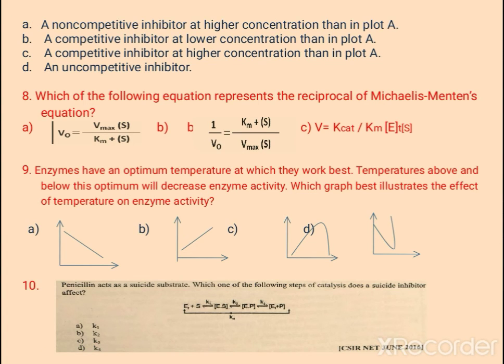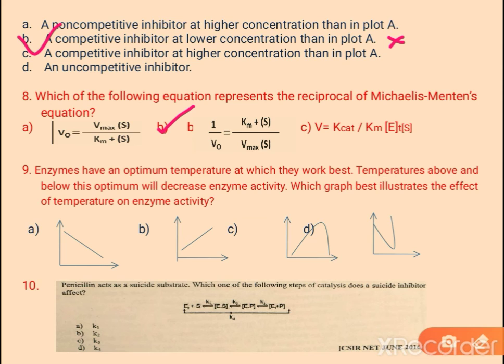So the option B will also be wrong, and the option C is a competitive inhibitor at higher concentration than in plot A. So this is the right option. Okay. So the next question is, which of the following equations represents the reciprocal of the Michaelis-Menten equation? So this is the right option.